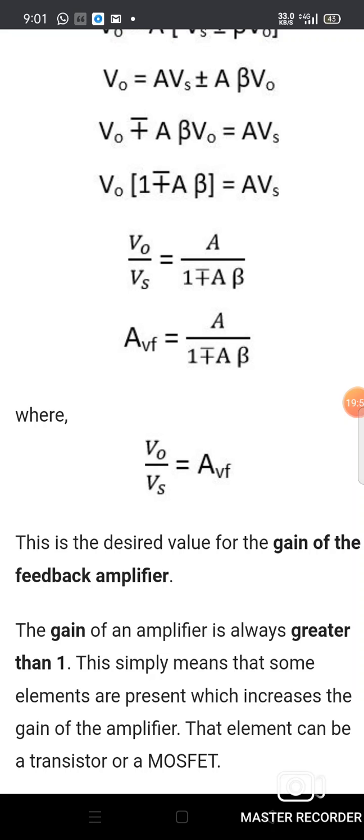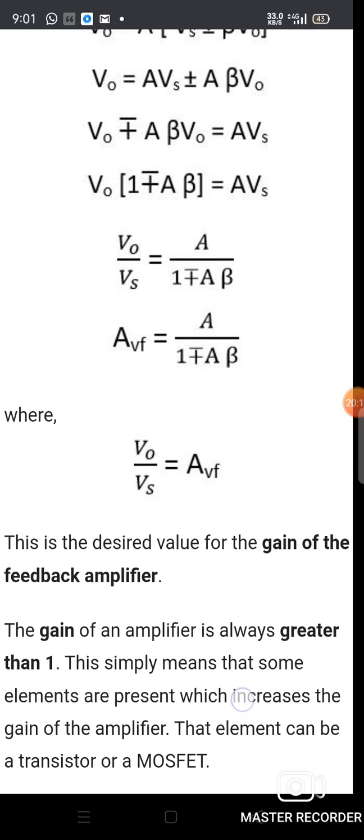Next, the gain of an amplifier is always greater than 1. This simply means that some elements are present which increase the gain of the amplifier. That element can be a transistor or a MOSFET. So the gain of the amplifier is always greater than 1.